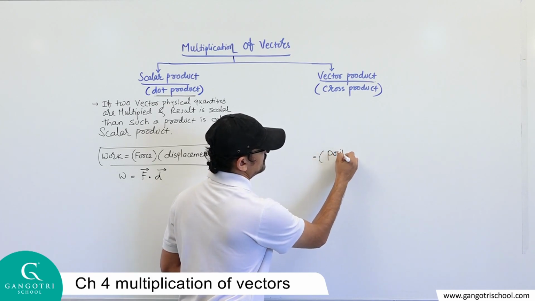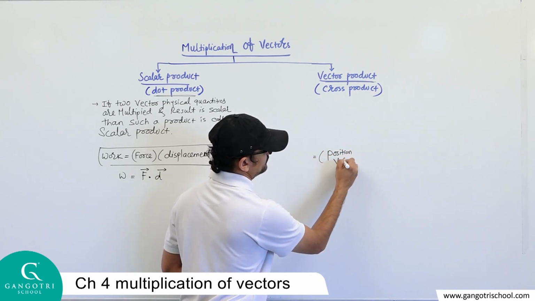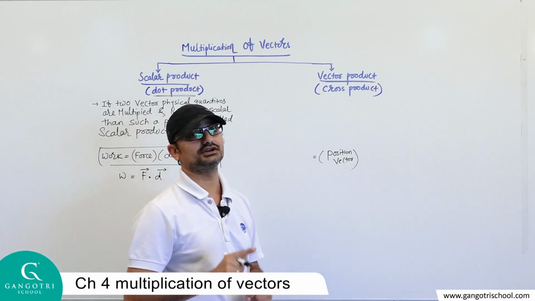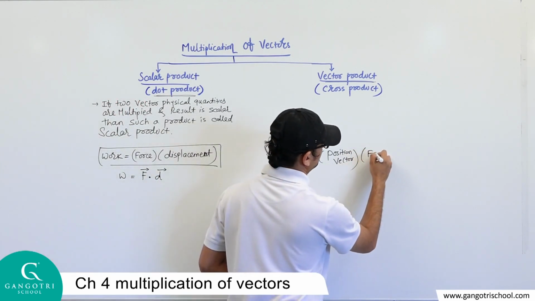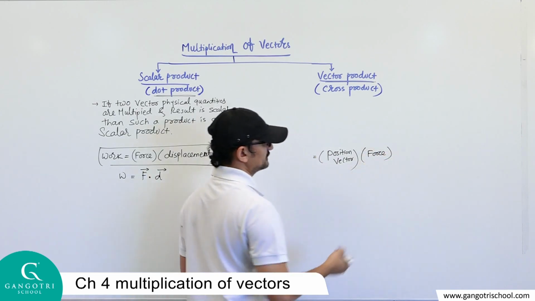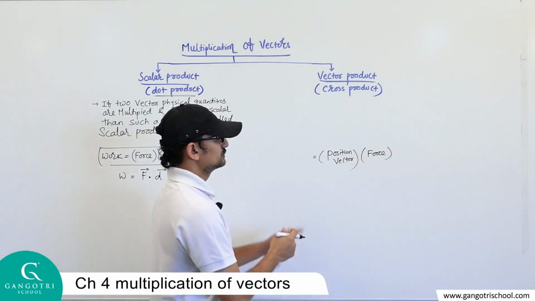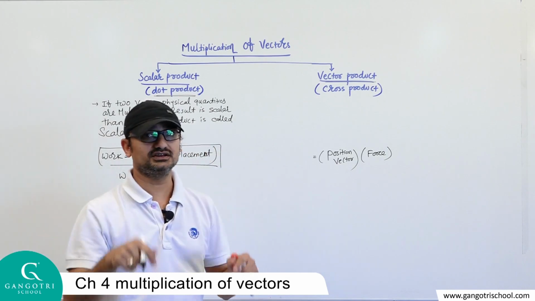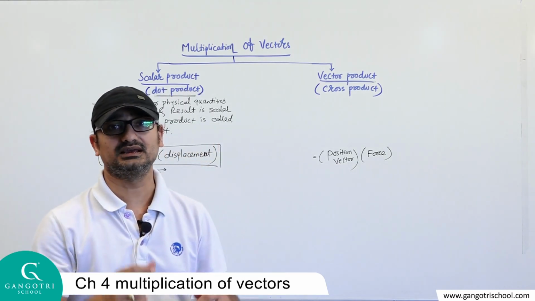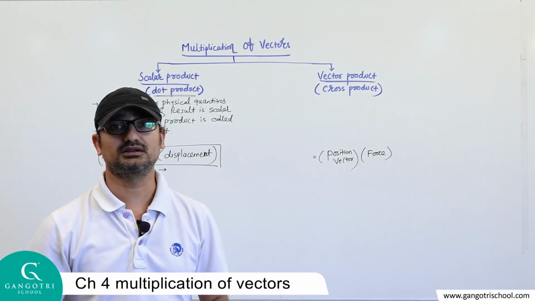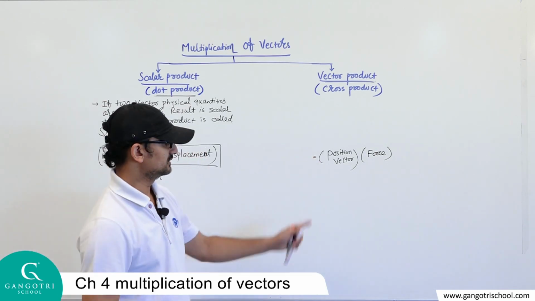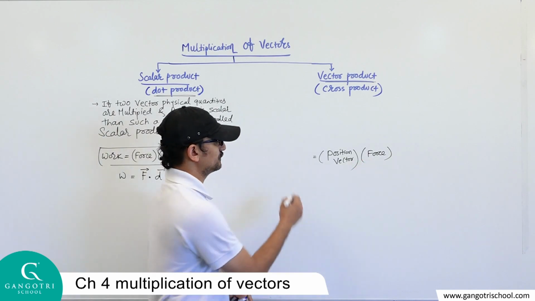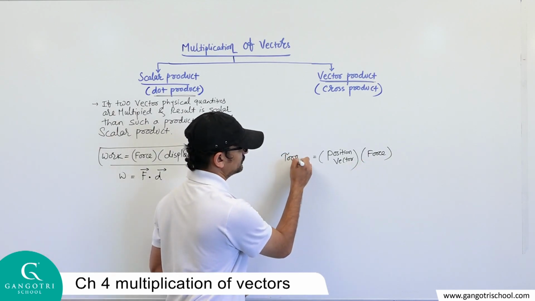Position vector is a vector physical quantity, it represents the position of any particle, and force is also a vector physical quantity, we all know. There is one equation you will study in the same semester, in physics part 1, chapter number 7, rotational motion. The product of position vector and force gives us torque.